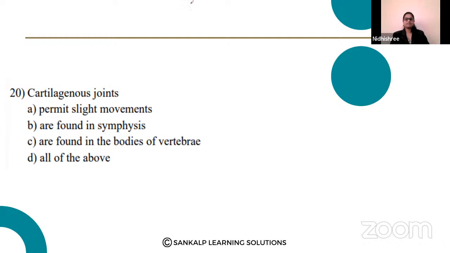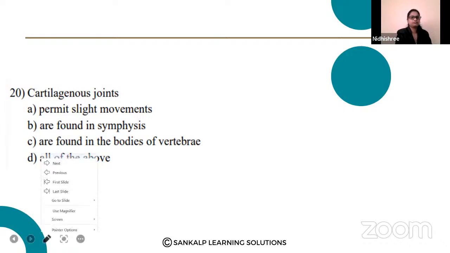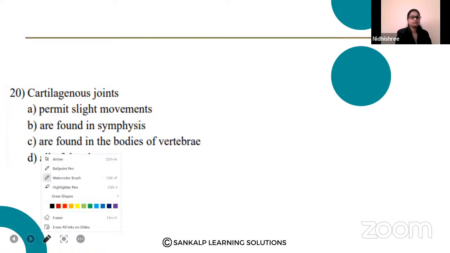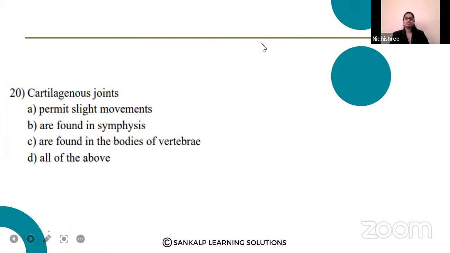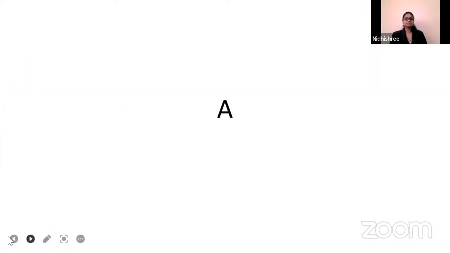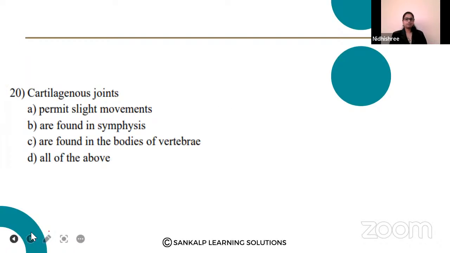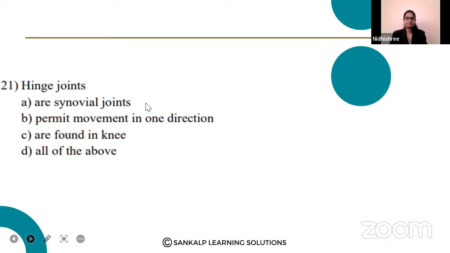Soumya, Shilpa, option C. Lohit, option D. Okay. Permit slight movements, are found in symphysis, are found in bodies of vertebrae. All of the above. The right answer is option D, all of the above.